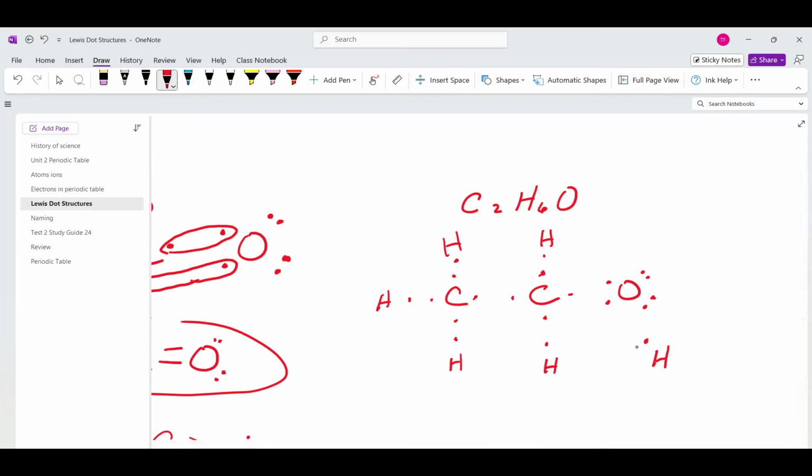Now, step 1 says put the one with the most singletons in the middle. However, you can deviate from that a little bit. So I'm going to redo this with the oxygen in the middle and the carbons on the outside in a minute here. Let's do this one first.